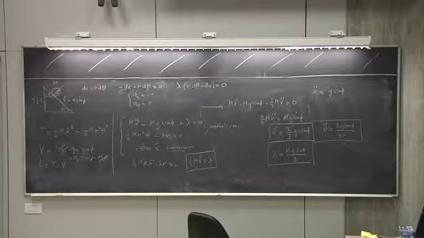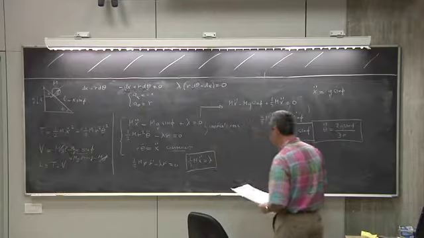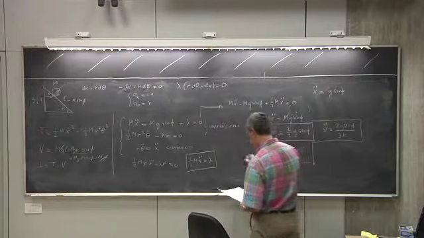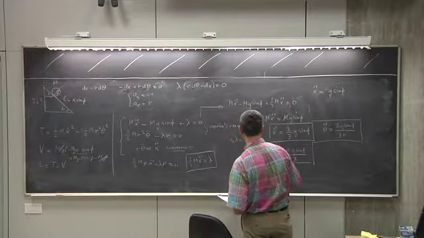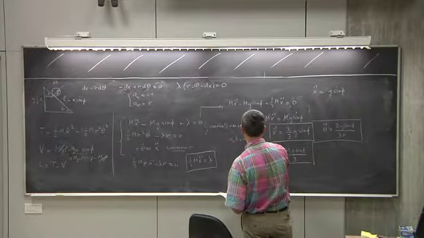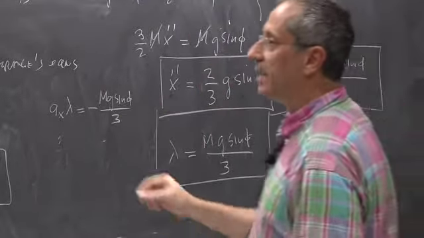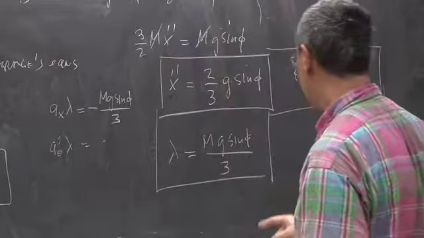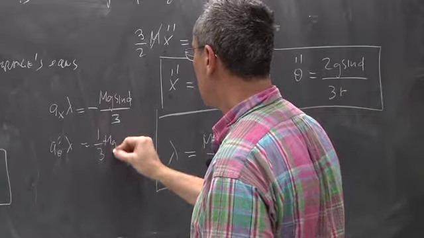And in fact, that allows you to give the interpretation of the Lagrangian multiplier, because if you reintroduce this coefficient a, you see that a_x lambda, that was -1 lambda, you can now solve: it's minus mg sine phi divided by 3. And the other, a_theta lambda, the one in the theta direction, is here, 1/3 mg sine phi.